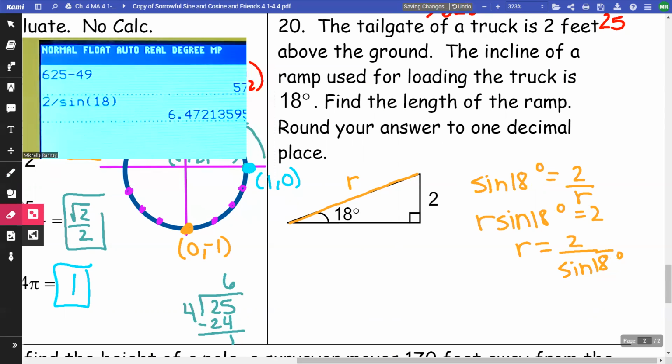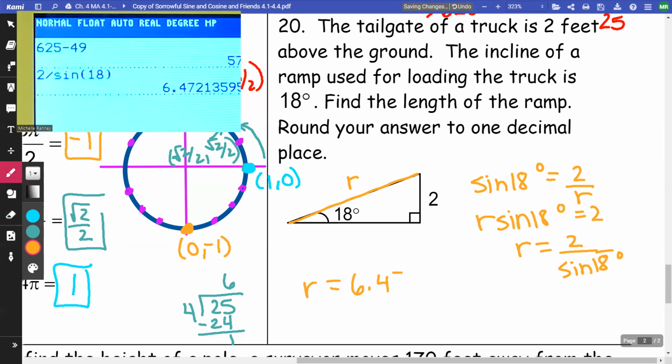And I end up with that being a 6.47, round to 1 decimal place. So 47, so that's going to make it a 6.5 feet. Let me write it. So that's all in one line. 6.5 feet.